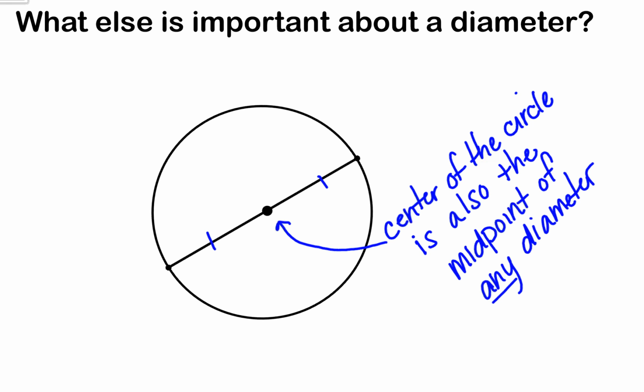It doesn't matter what diameter I draw in, this center of the circle will be the midpoint of that diameter. For instance, if I draw one here, this is also cut in half by that midpoint. If I draw one here, it's also cut in half by the center of that circle.